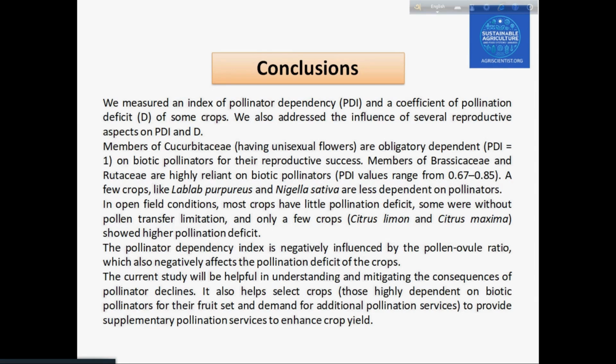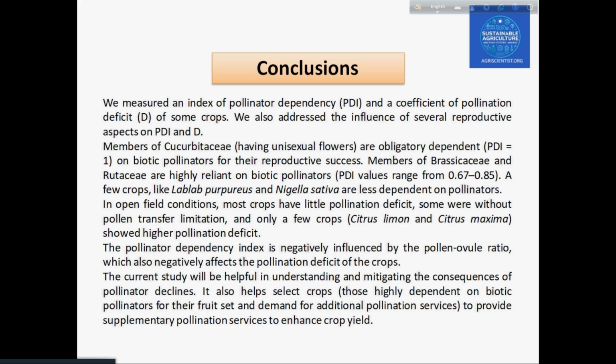In conclusion, members of Cucurbitaceae are obligatorily dependent on biotic pollinators. Members of Brassicaceae and Rutaceae are highly reliant on biotic pollinators.